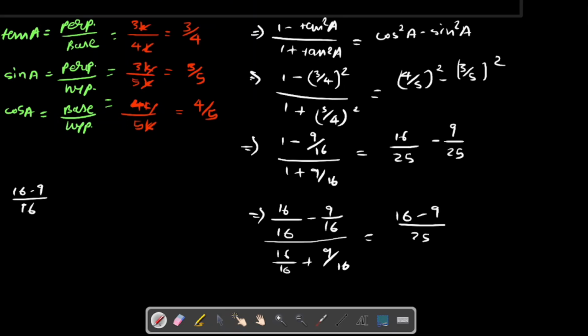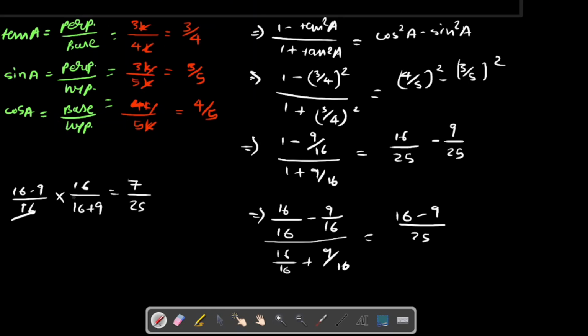Similarly, here the denominators are the same, so we just take the reciprocal and multiply. 16 upon 16 plus 9 is equal to 16 minus 9, which is 7, so 7 upon 25.